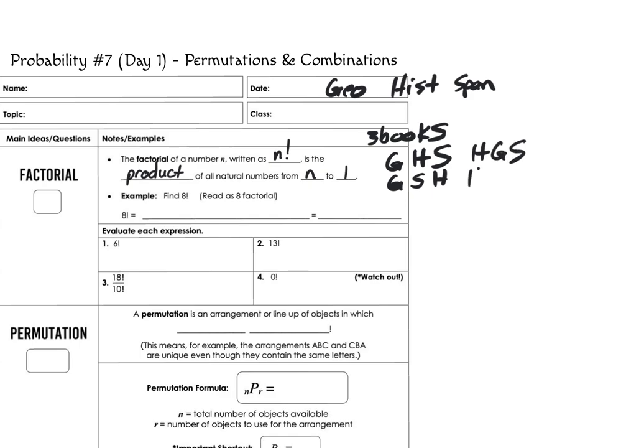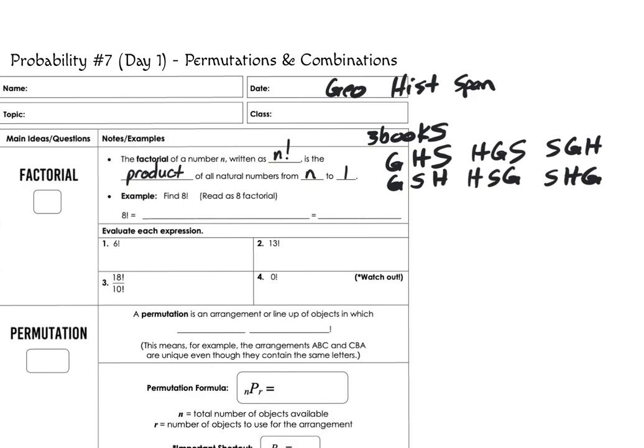Or I could put the history book first and do Spanish and then geometry. Or I could put the Spanish book first, and then I could do geometry and then history. Or finally, Spanish first with the history, then geometry. Okay? Each one of those takes the same 3 books, but they're all in a different order.